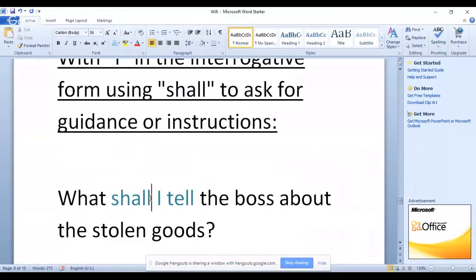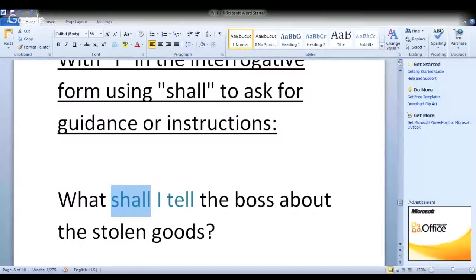In this case, should would be the other use of shall. And so it can be confusing because shall can mean kind of will, but also should at the same time. Okay?